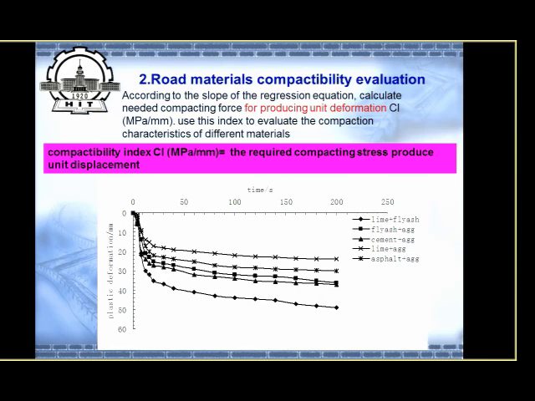We use the slope to calculate the CI parameter. It is used to evaluate the compactability of different kinds of material. It means the required compacting stress to produce unit displacement.